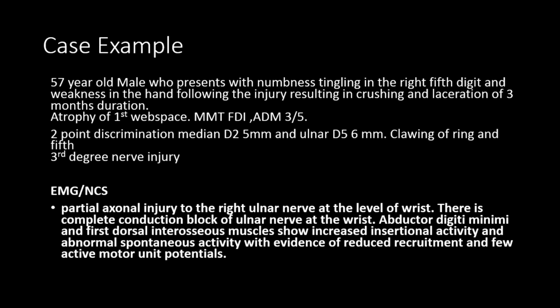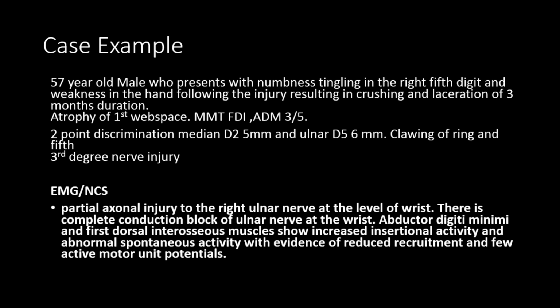He had atrophy of the first web space. His manual muscle testing for ulnar innervated muscles, first dorsal interosseous and abductor digiti minimi, was 3 out of 5. His 2-point discrimination on the median innervated second digit was 5 millimeters, and on the ulnar innervated fifth digit was 6 millimeters. So the sensory exam was not too bad.